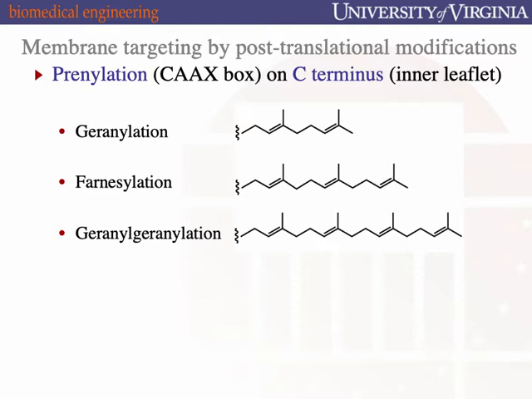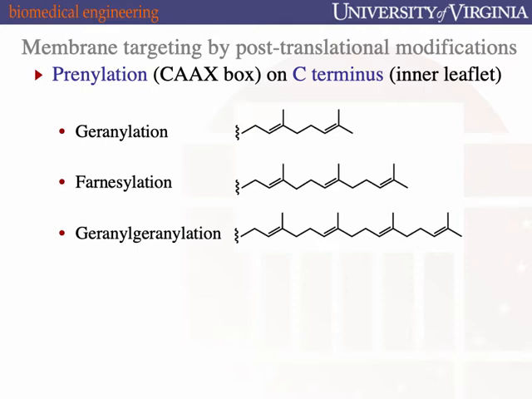If you want to prenylate a protein artificially, all you have to do is add CAAX at the C-terminus and it will undergo this modification. The prenylation modification occurring on the C-terminus creates a hydrophobic group on that C-terminus that makes it thermodynamically favorable to wedge that prenylated protein into the inner leaflet of the plasma membrane.